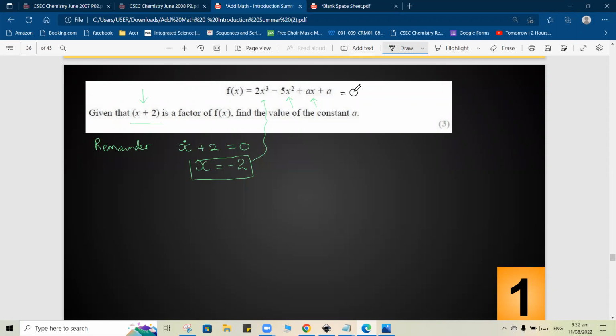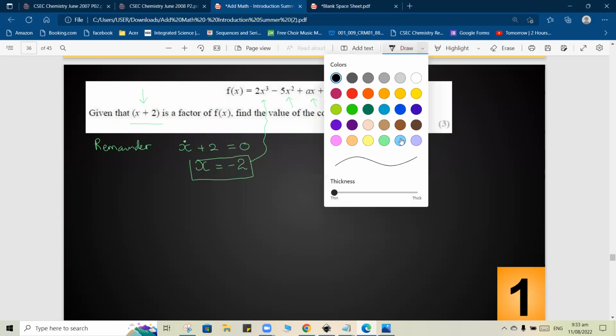And when you put it equal to 0, you will form an equation. Just solve the equation. That's all you really need to do. So we're replacing all the x's with -2. But remember, when you're replacing an x, let's try our best to do it in brackets.